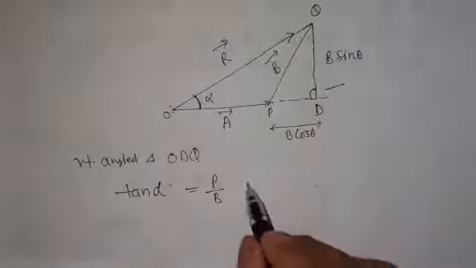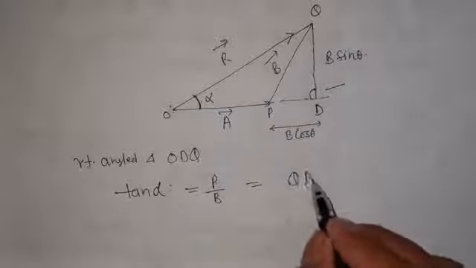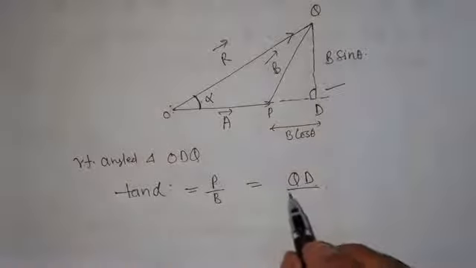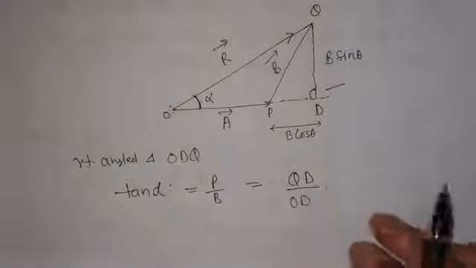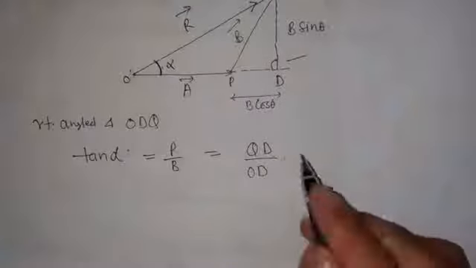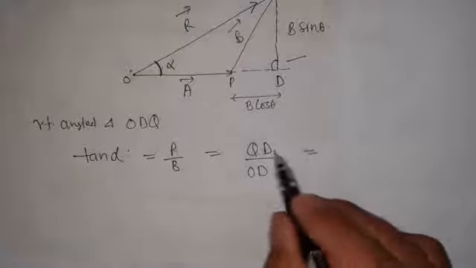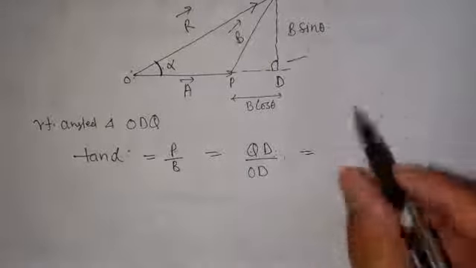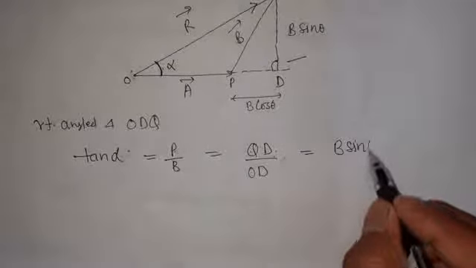So perpendicular is QD, and base is OD. And we also know that QD की measurement already हमने निकाली थी. It is B sin of theta.